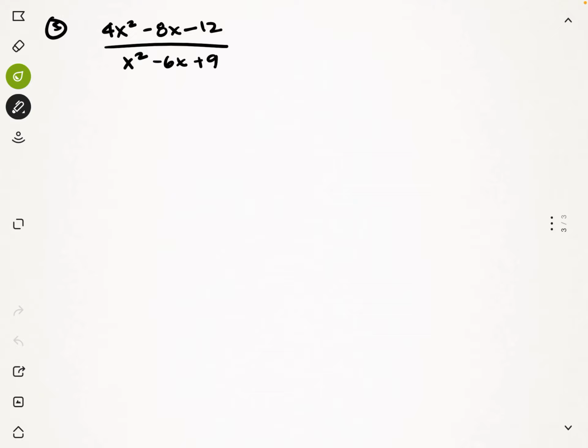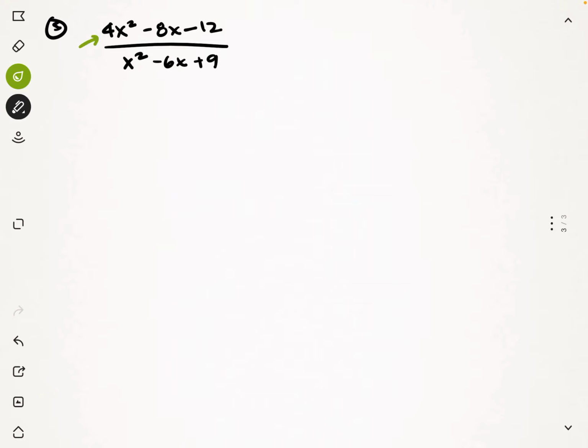Okay, and then on to the last one. This one's a little bit more tricky, but always remember this. If you have a number in front of your x squared, some coefficient, the first thing you should always do is try to factor out any common factor. So look at 4, 8, and 12.